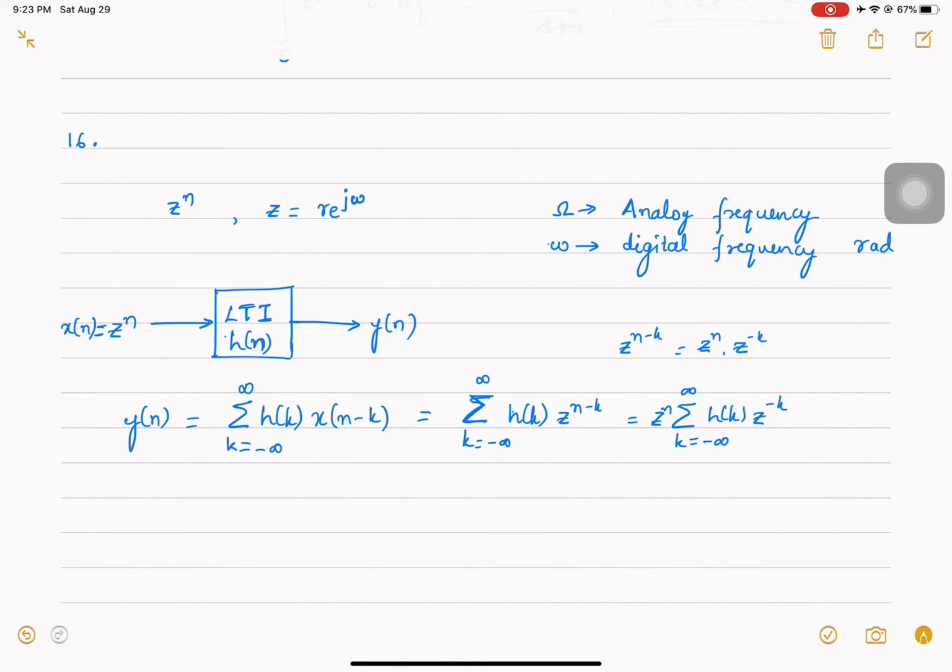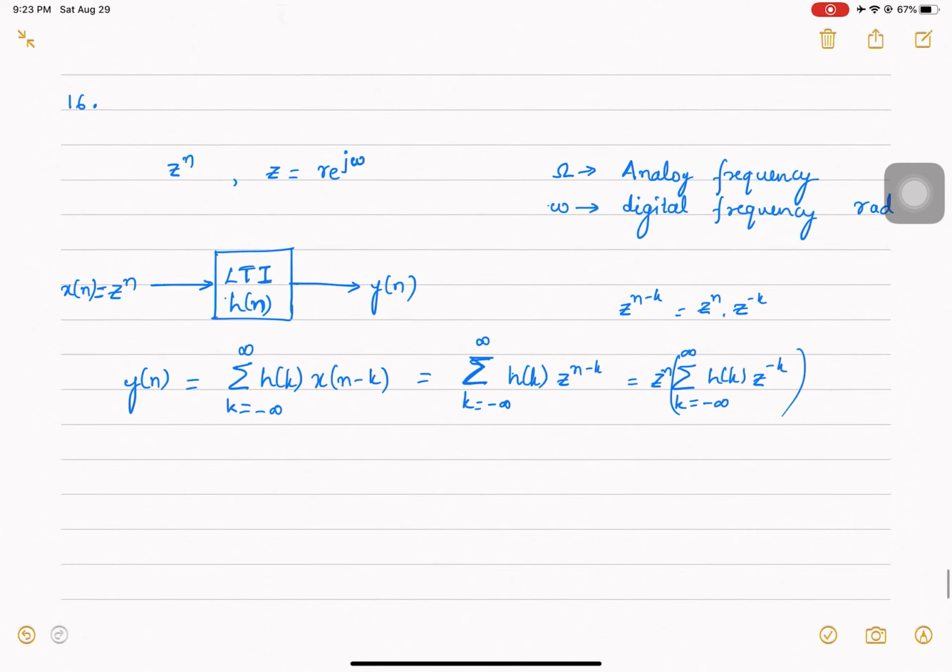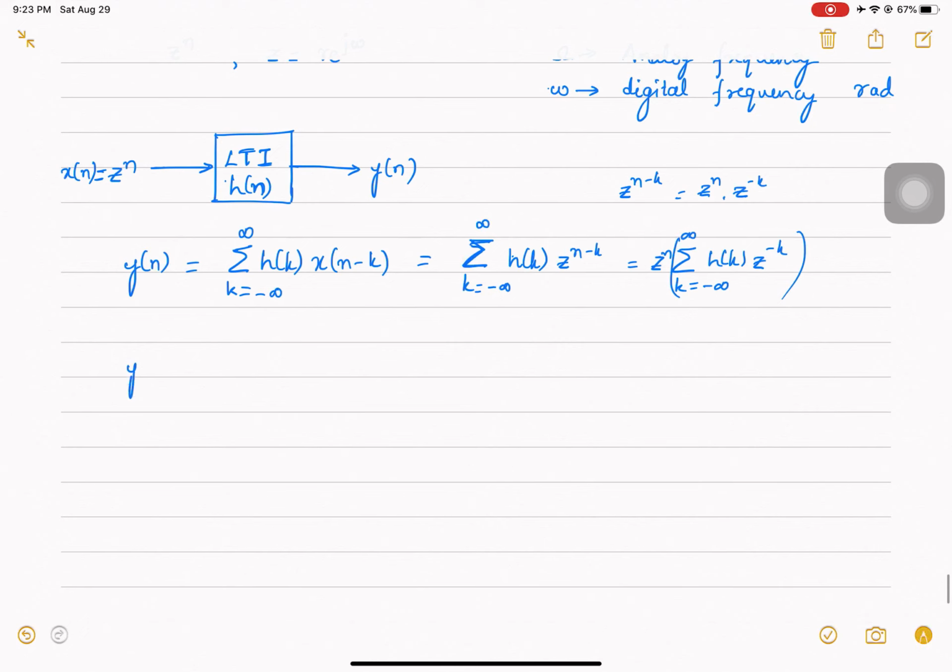When you sum it over k from minus infinity to plus infinity, the term in the bracket here will just be a single number whose value depends on the value of z, the complex number. Okay, now I can write y of n as some number whose value is dependent on z. So I indicate the dependence by this term h of z, right? It will be a function of z, right? So as z varies, the value of h of z will vary, into z power n.